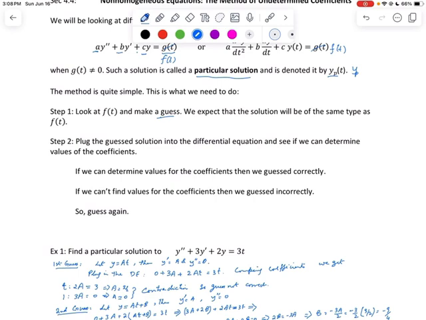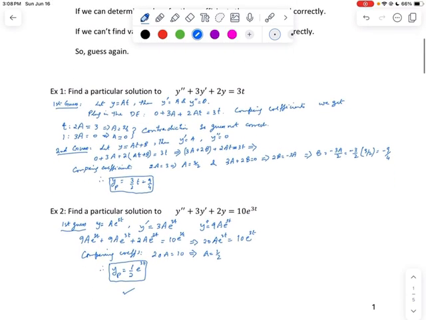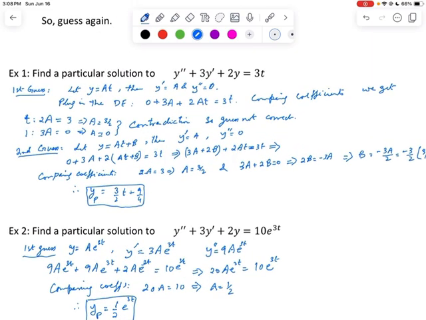If we can determine values for the coefficients, then we guessed correctly, and if we can't, we have to guess again. Once you get an idea, you don't have to guess. You can use the techniques learned and start with the correct guess.